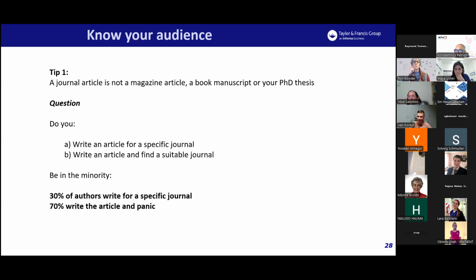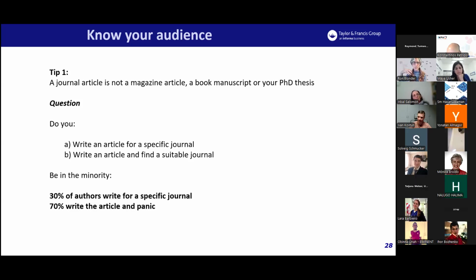Because to publish a paper in a journal is actually to become part of the journal society. Who is the journal society? Authors who already published in this journal. And when you try to be accepted to a society, what do you do? You go to the people, you go to parties, you discuss with the people, you get to know them, okay?